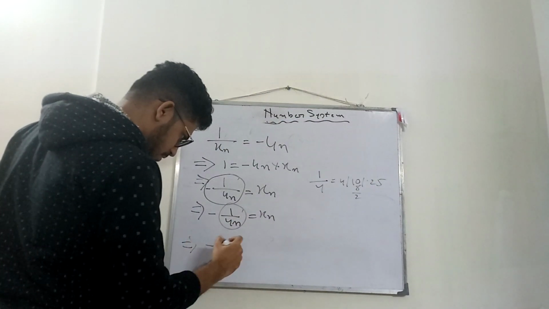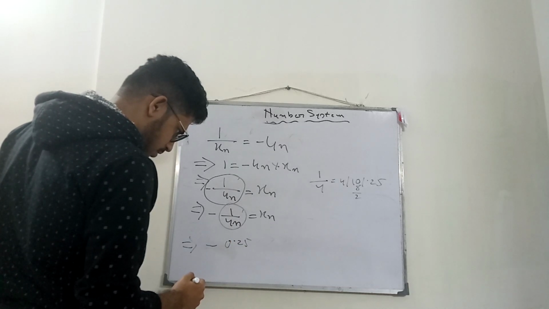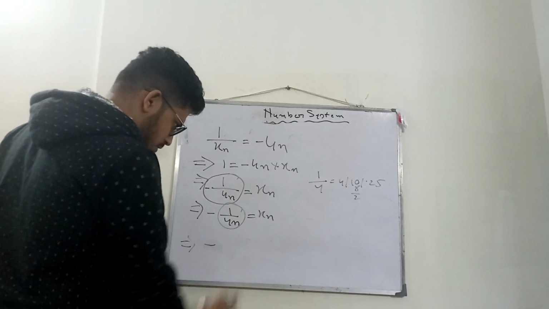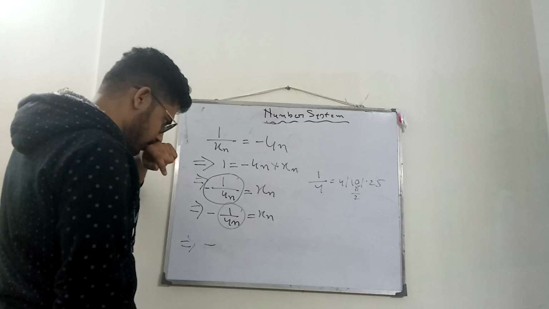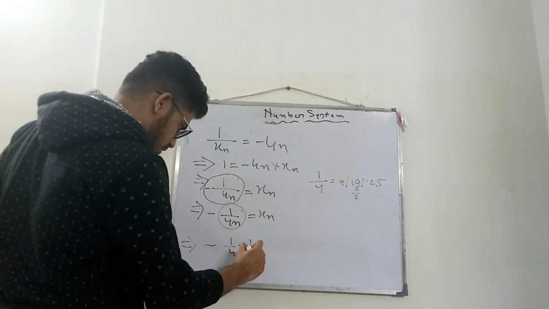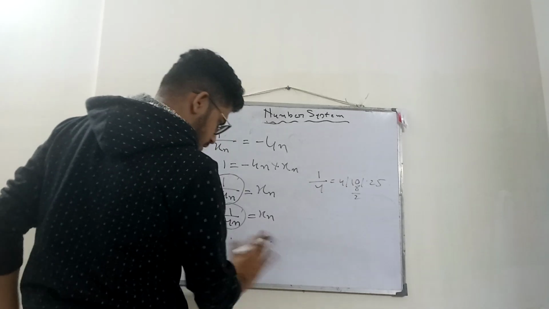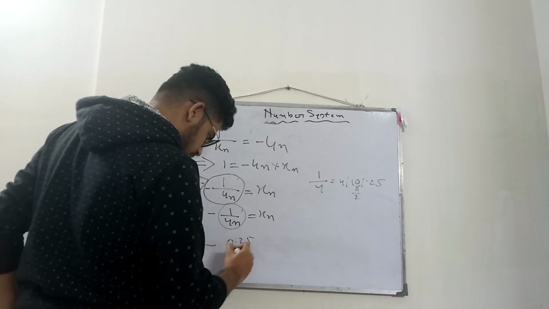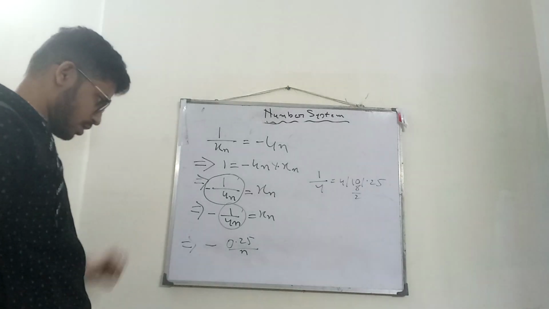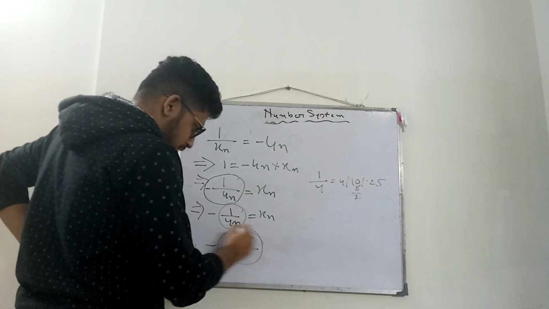Okay, minus 0.25 by n. That means it is much lesser than 3.